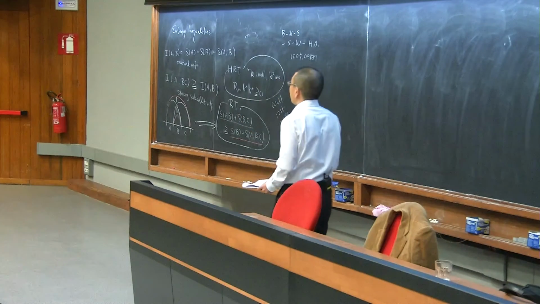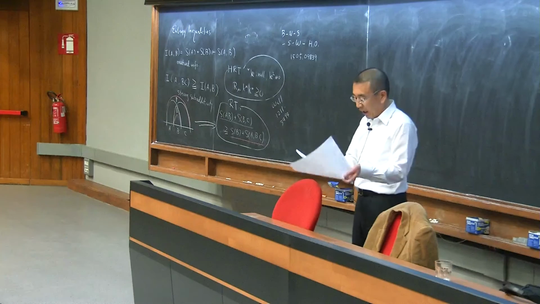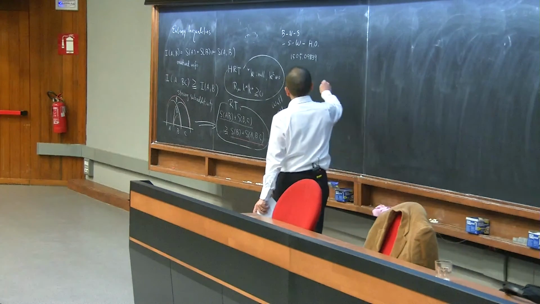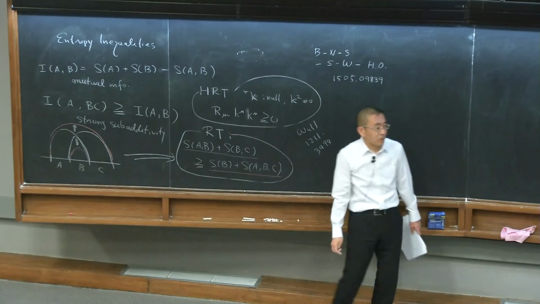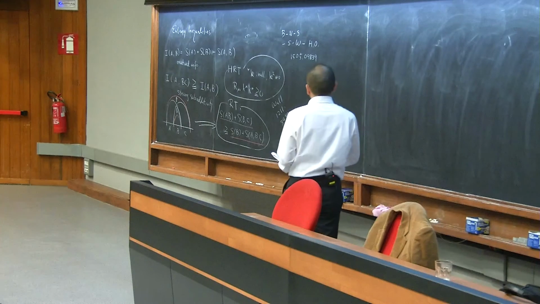So I was actually planning to talk a little bit about that, but in view of time, I will skip this subject. But I just wanted to mention that the totality of entropy inequalities satisfied by the Ryu-Takayanagi formula is in principle knowable, and there is a finite algorithm to classify them.